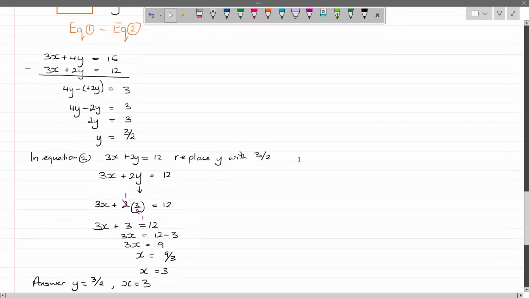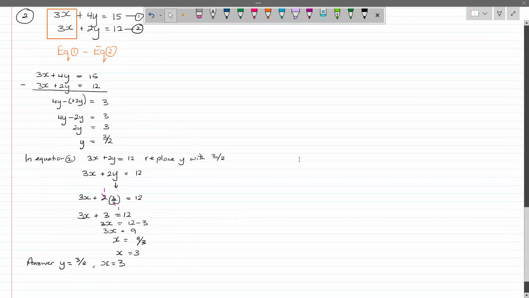Take a look at this one. So we identify that we're going to eliminate the x in this question, right? We then looked and we said it would be a situation where we have to subtract, because if I try to add these, I'll get plus 6. If I subtract 3x from 3x, we get 0. So equation 1 minus equation 2, 3x take away 3x will give us 0. There's no more x's here. They're gone. But I want you to pay attention to your signs, because you see, I have a minus sign here, but I have a plus 2y here.